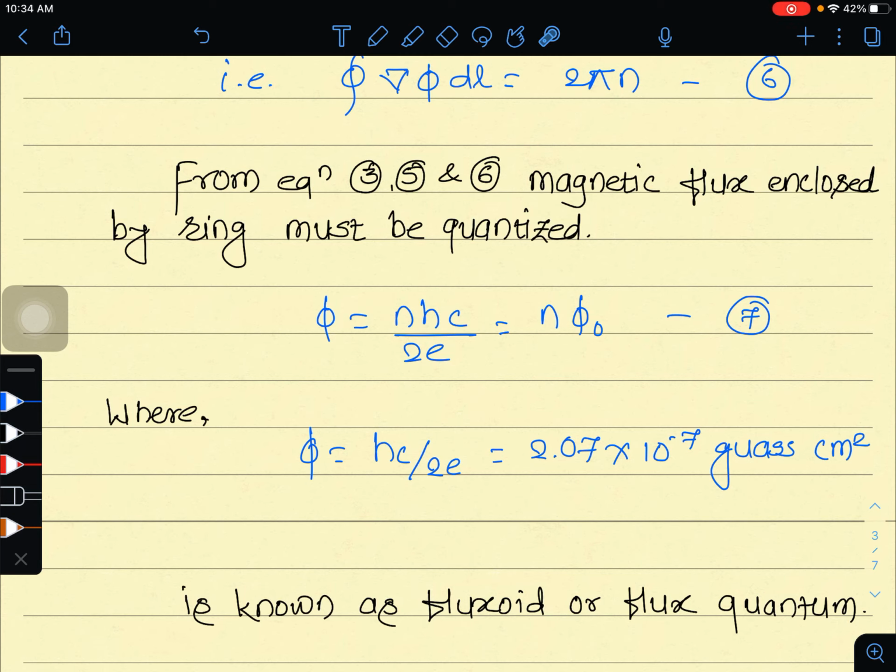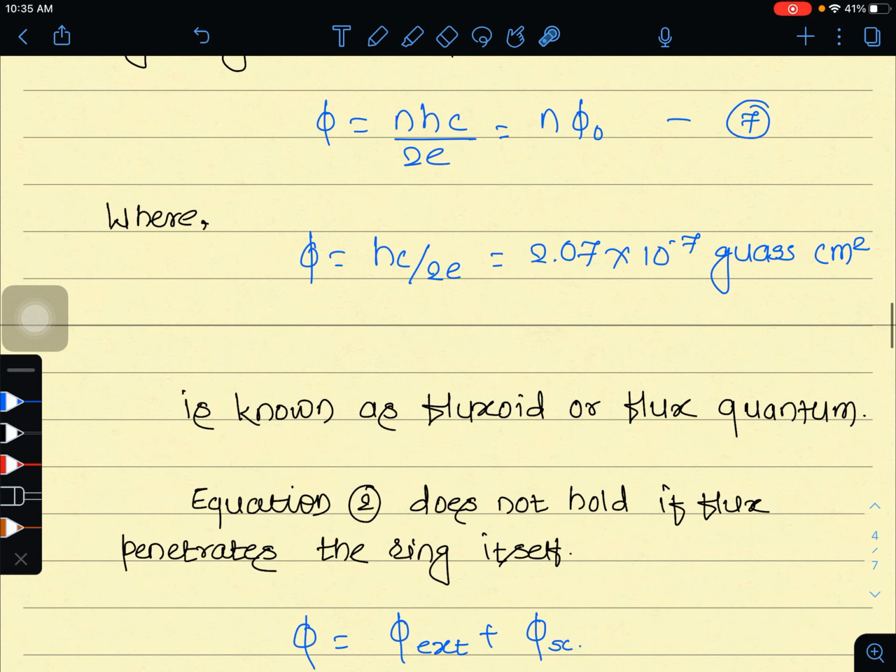Here phi 0 is hc upon twice e, with a value of 2.07 into 10 to the power minus 7 Gauss centimeter square, known as the fluxoid, or simply the flux quantum.